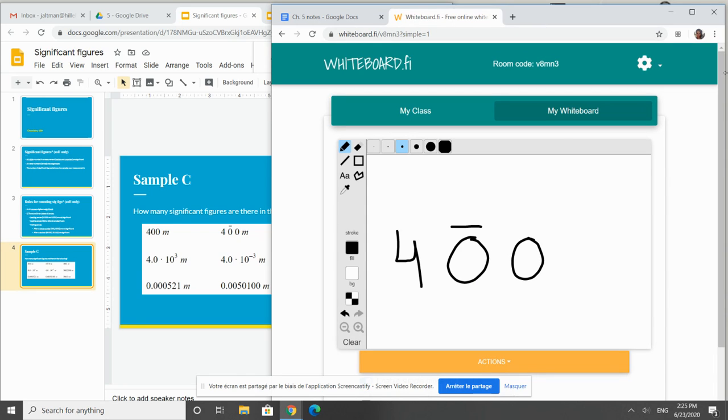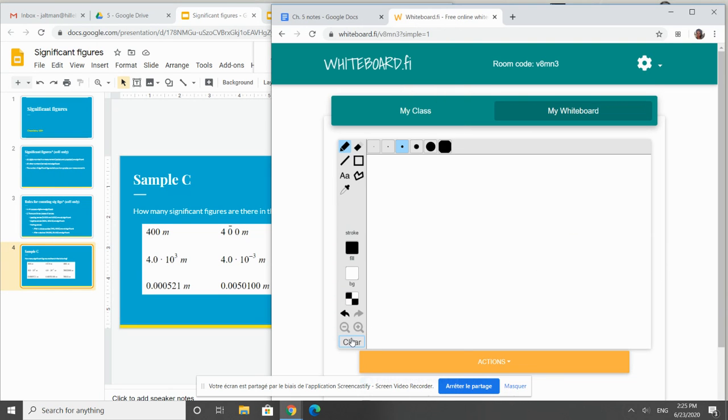So 4 is significant. This 0 is significant only because there is a bar over top of it. And then I have a trailing 0 with a whole number, so it is not significant. So this has 2 sig figs.